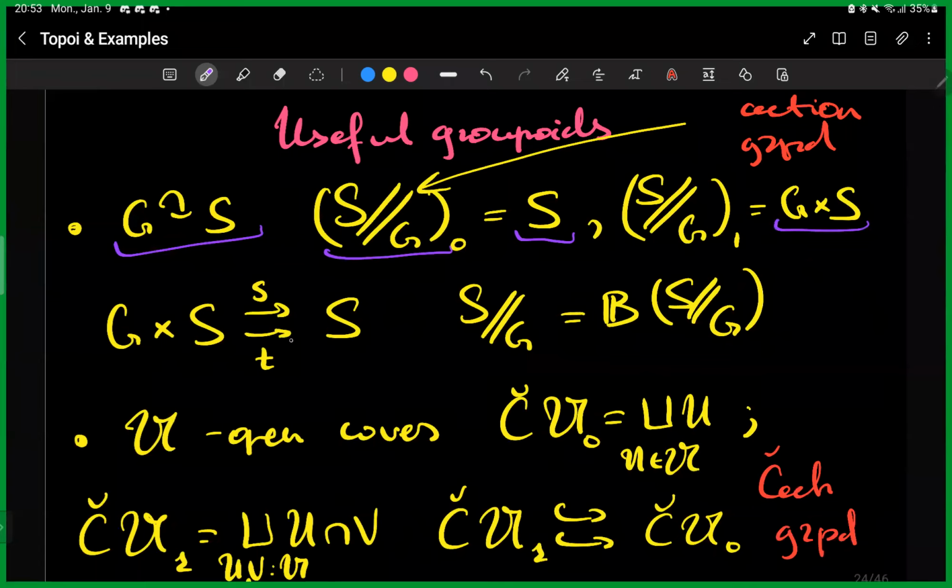Then we obviously have two structure maps, the source and the target. The source just projects on the second coordinate. So if we take the source of (g, alpha), we just obtain alpha. And if we take the target of (g, alpha), we obtain the result of the action of g on alpha.